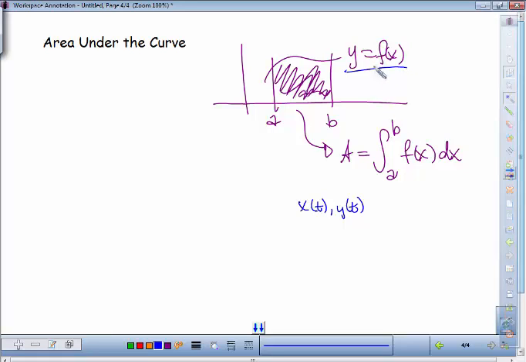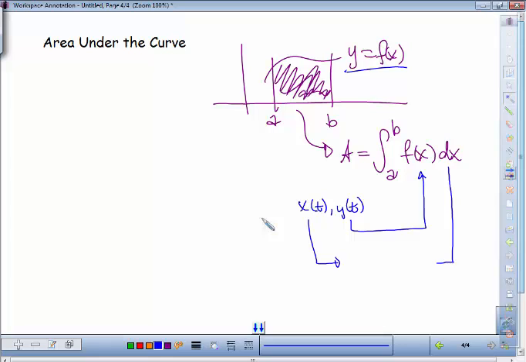Well, if y is equal to f of x, then that part seems pretty easy, that y is just going to be f of x, so this is going to be y of t. Now, the tricky part is your x. X is a function of t.